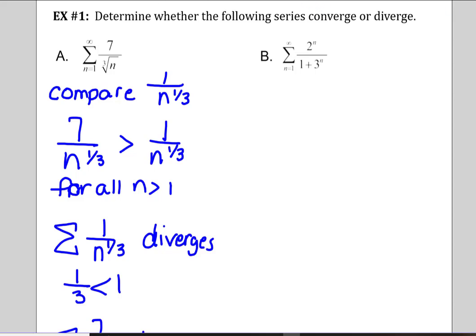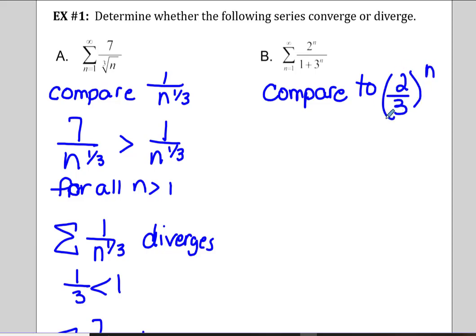Okay, let's look at part B here. We have 2 to the n over 1 plus 3 to the n. And as n goes from 1 to infinity, adding 1 to infinity doesn't really do a lot to the summation. So let's think about comparing our series in part B. We'll compare it to 2 over 3 to the n power.